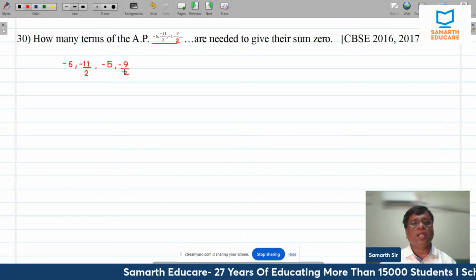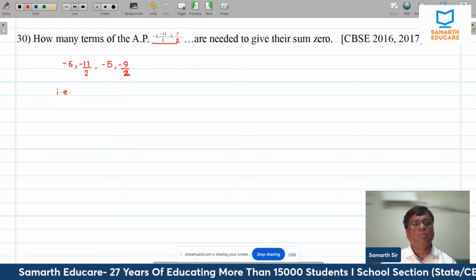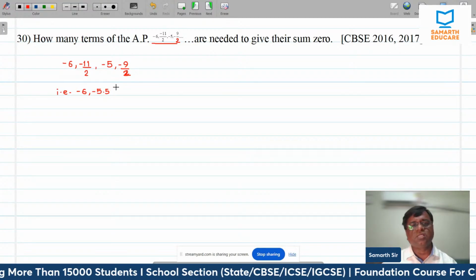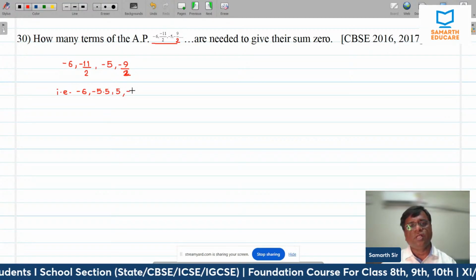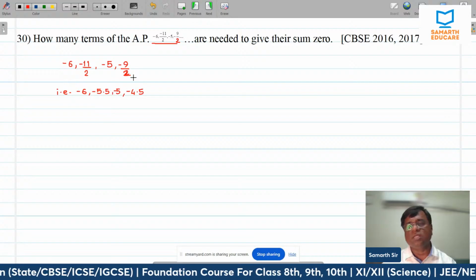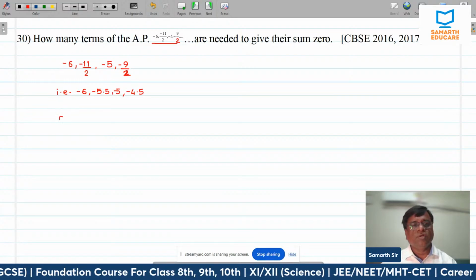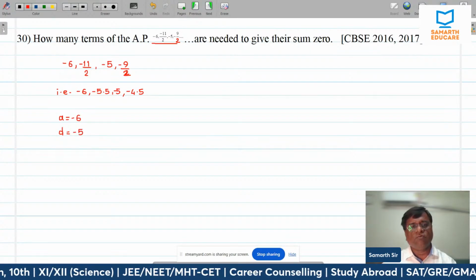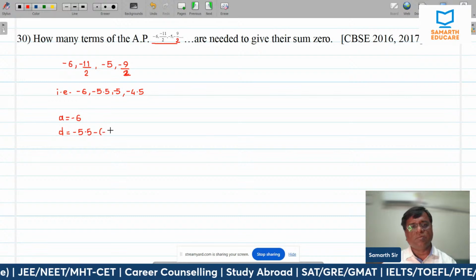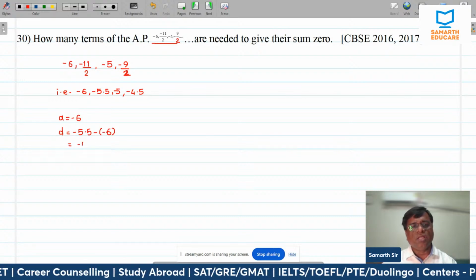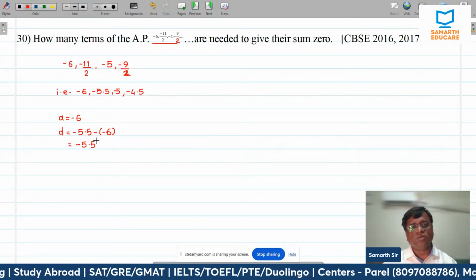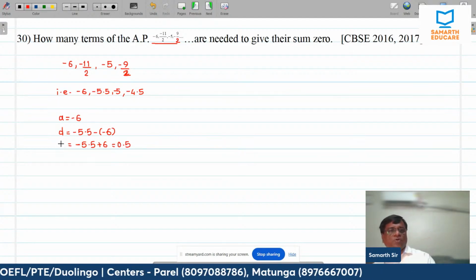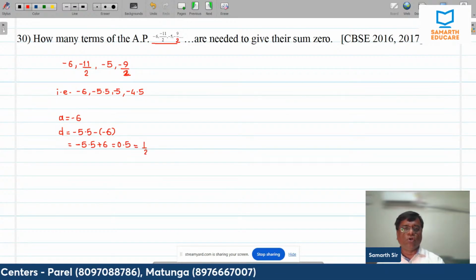So the given condition is a is minus 6, d is minus 5.5 minus minus 6, so we just have to add 6, and that is equal to 0.5. So the d value is 0.5. You can even write it as 1 upon 2.